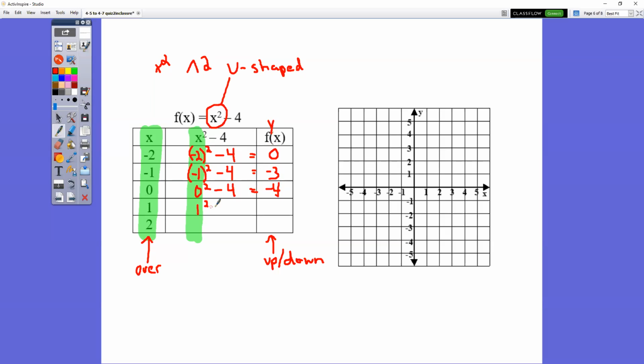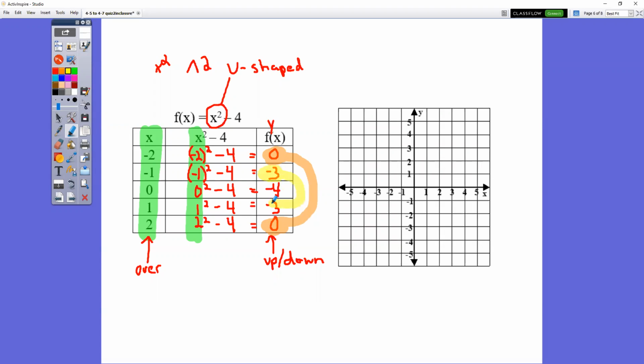We have 1 squared. 1 times 1 is 1. Minus 4 is -3. And then we have 2 squared. 2 times 2 is 4. 4 minus 4 is 0. Remember that your first number and your last number should always be the same.